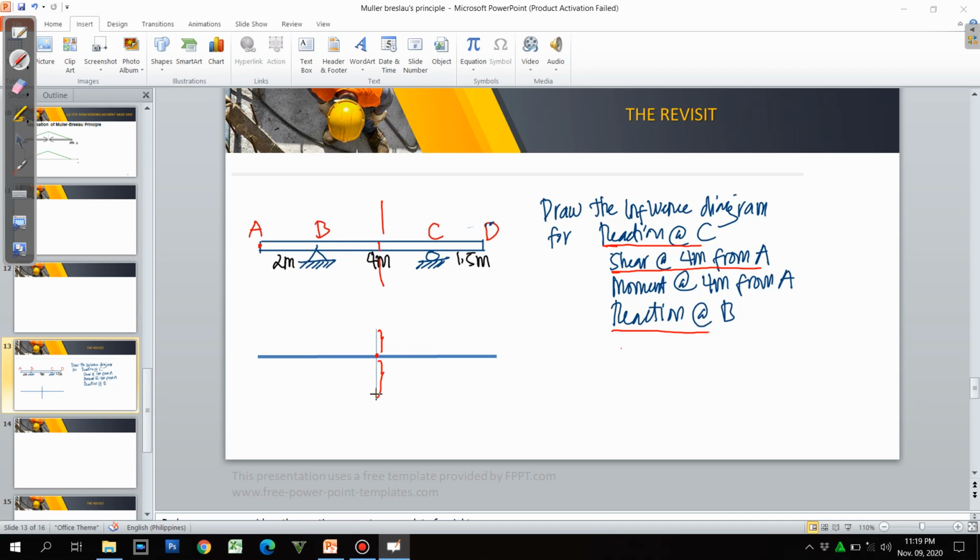So what is our criteria? What will be the larger value between this going down delta here and going up delta there? Just look at the span of it. In this case it is actually symmetrical, wherein it is enclosed by your pin and the roller here.